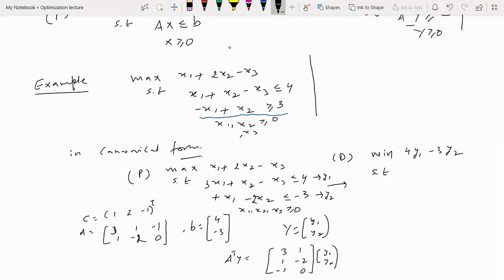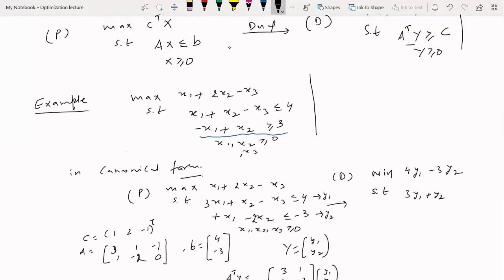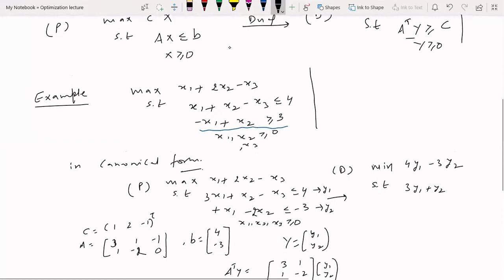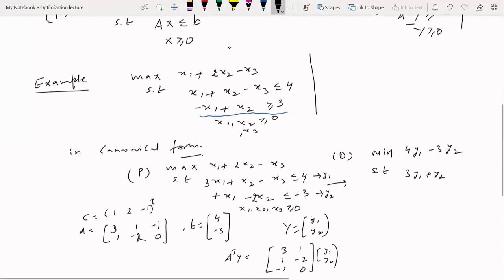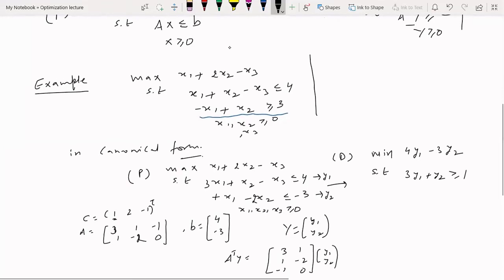So A transpose Y gives 3y1 plus y2. And from the constraint, it is greater than or equal to the component of C. What is the first component of C? It is 1. So it is greater than or equal to 1, because what I should write is greater than or equal to C.